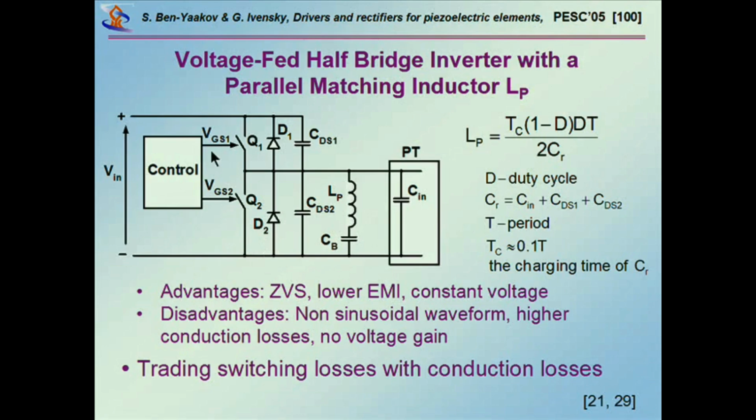Yes, please. About EMI, the inductor is in parallel to the piezo transformer, so would the higher harmonics generated from the piezo transformer itself be broadcast to the input? So is it not very good in EMI, or is it better than the series inductors? Yeah.